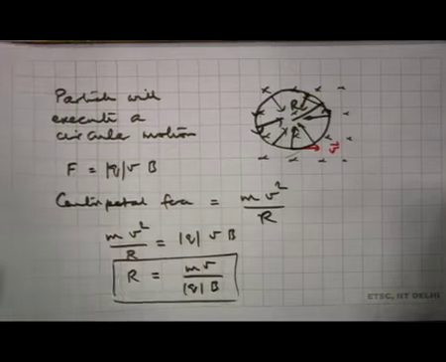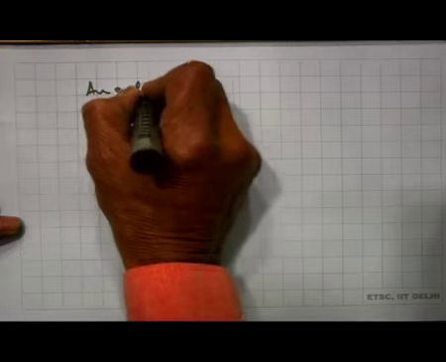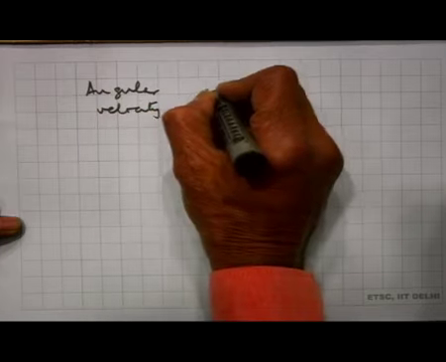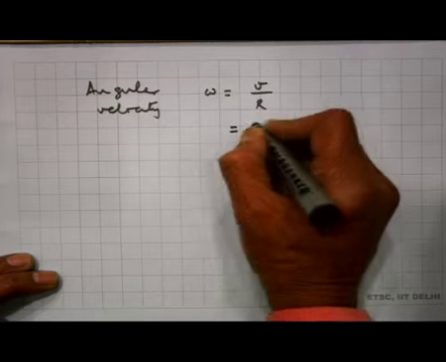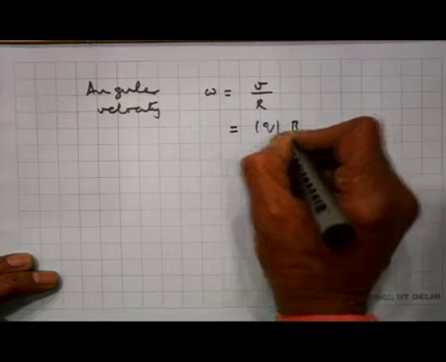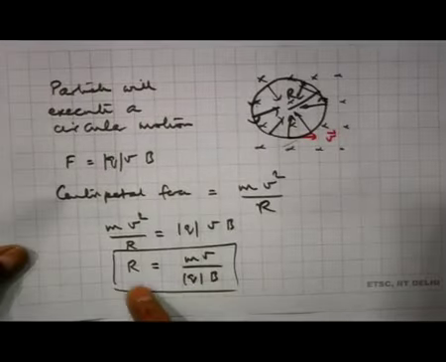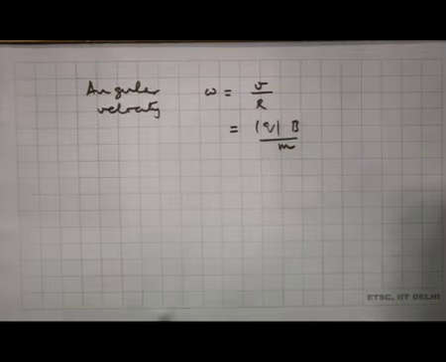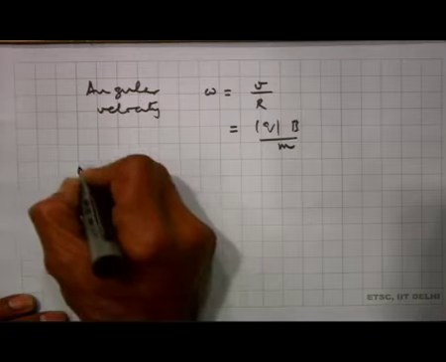Now, from this expression for r, I can calculate the angular velocity of the particle, which is omega is equal to v by r, which is nothing but mod q B by m. So, r is m v by q B. I substituted that and I get omega. And I can define the number of revolutions.